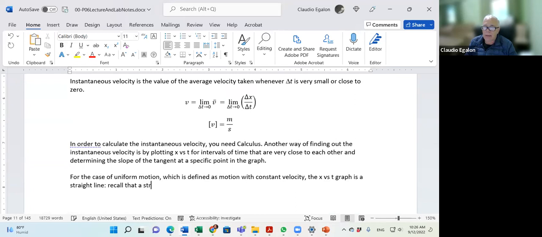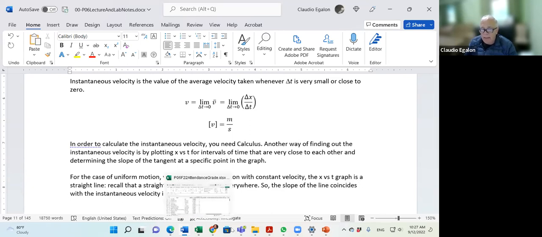Recall that a straight line has a single slope, the same slope everywhere. So the slope of the line coincides with the instantaneous velocity in this case, okay?